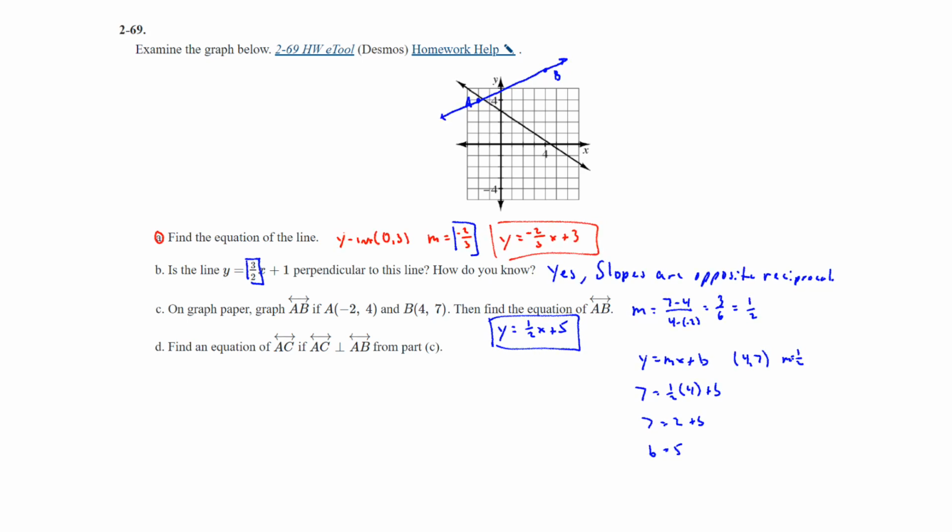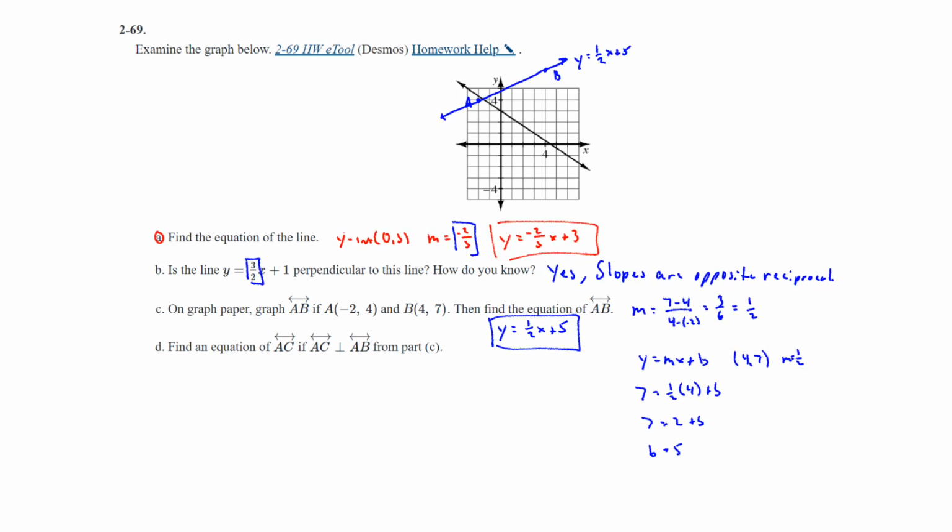On part D, find the equation of line AC if line AC is perpendicular to line AB from part C. So we want to find an equation that is perpendicular to my line up here, which is y is equal to 1/2 x plus 5.